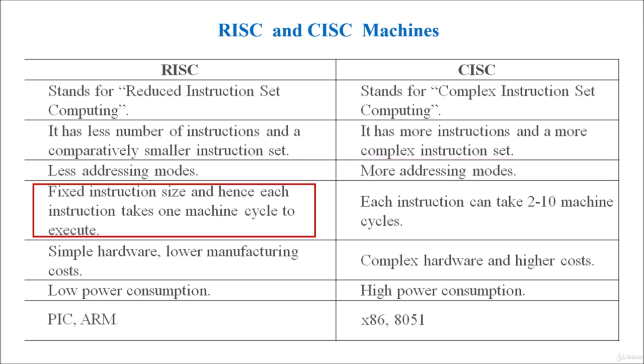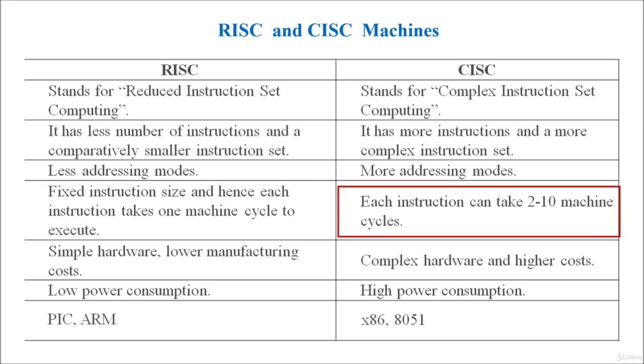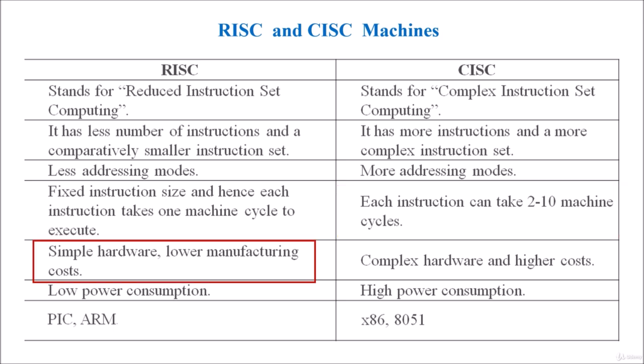All the instructions are having same size in RISC machine. Maybe all instructions are of 1 byte size. So each instruction require only one machine cycle in RISC machine. Whereas to execute the instruction may require 2 to 10 machine cycles in CISC machine.